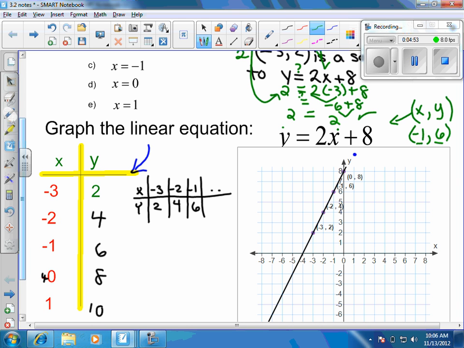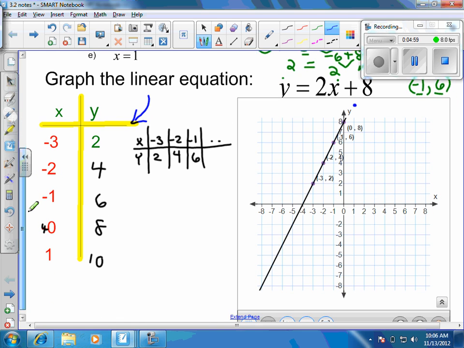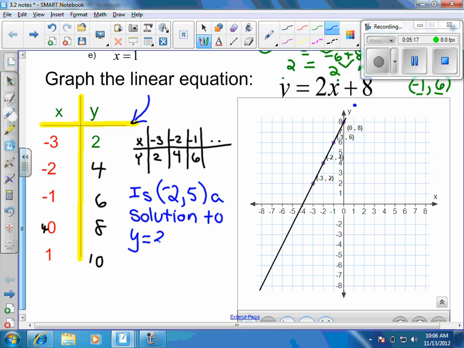So, for example, if I took this a little bit further and if I said, is -2, 5 a solution to y equals 2x plus 8?